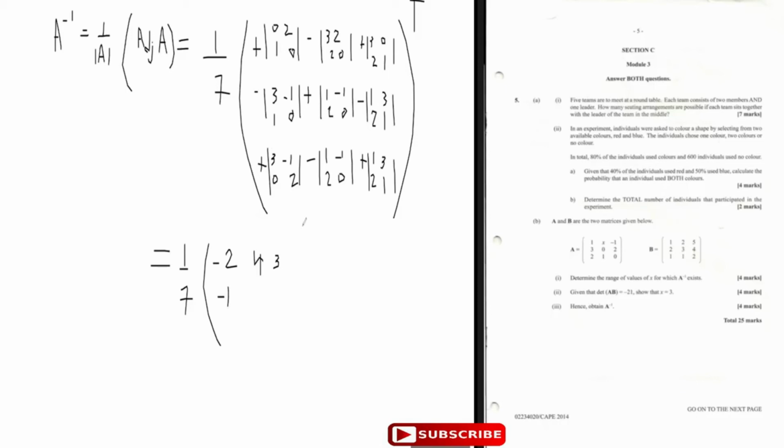We have 1 times 0 is 0. Minus 2 is positive 2. Then we have 1 times 1 is 1. Minus 3 times 2 is 6. 1 minus 6 is minus 5. So minus of minus 5 is 5. 3 times 2 is 6. So we get 6 here. Over here we get 0 minus 2. So this is just minus 2 here. Then finally here we have 1 times 1 is 1. Minus 6.